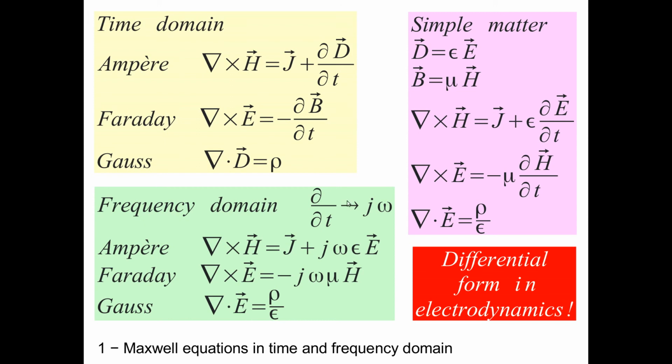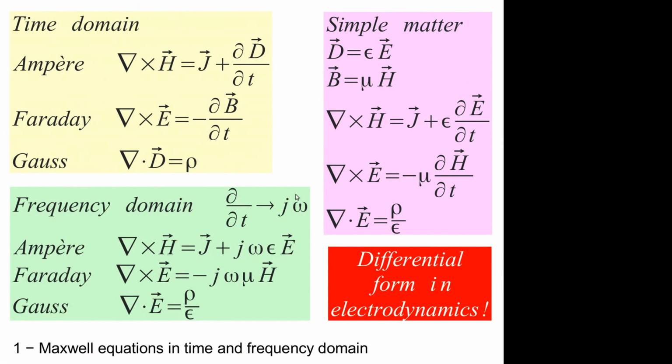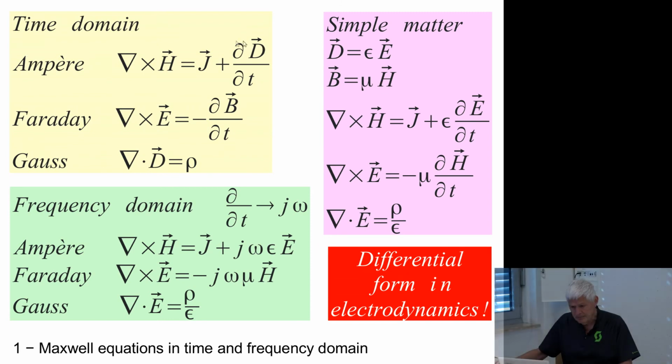Antennas are usually narrowband devices. An antenna that has more than 10% bandwidth of the central frequency is already a very, very wideband antenna. We seldom use equations in the time domain, though it can be done numerically. Sometimes it is very efficient to do it in the time domain.